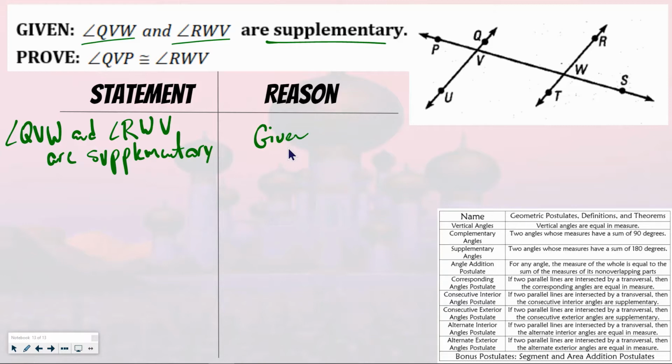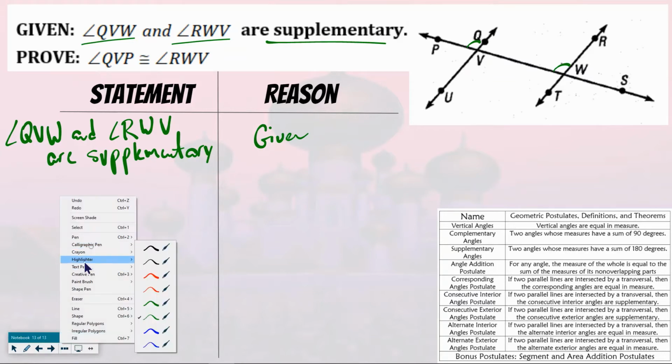So let's think about what we actually want to prove. QVP, we want to prove that that is congruent to RWV. We want to prove that those two corresponding angles are congruent. So I know I could be using corresponding angles here. If I know that these are parallel, then I could be using that. But I don't really know that yet. All I know is that these two are supplementary.